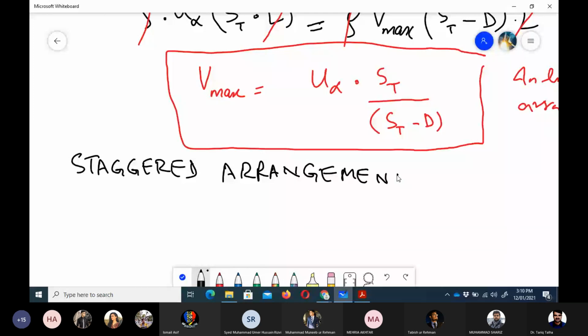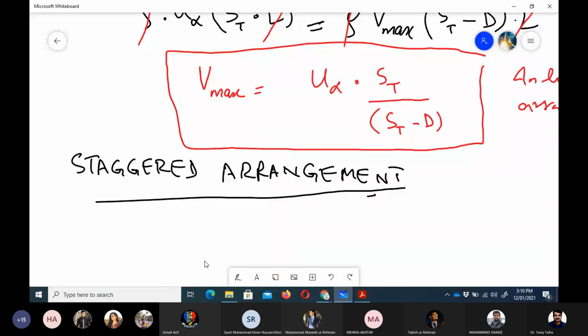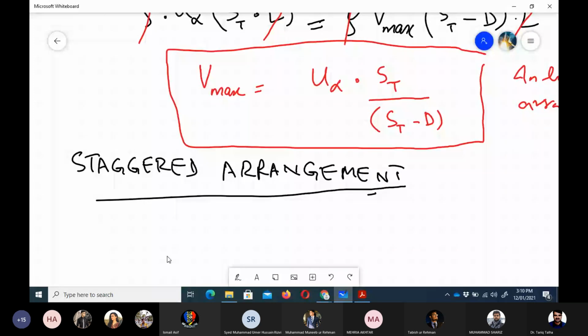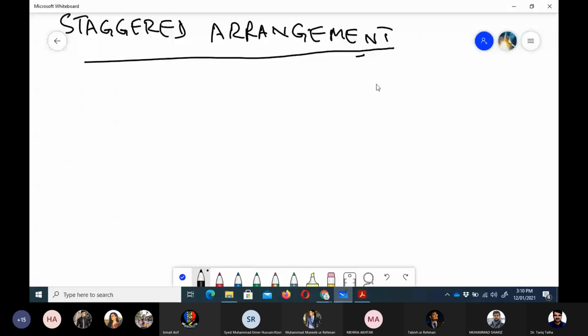Right. So let me draw that here, just for the clarity of the class. You can assume that the diameter of all these tubes is the same. It is not to scale, but always assume so.